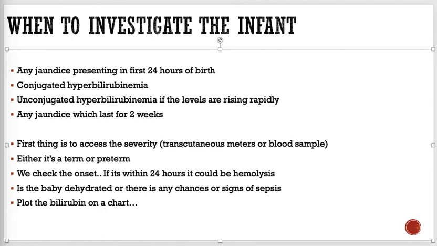And of course when they cross the placenta, they enter into the baby, and they can destroy or hemolyze the blood. For example, if the baby is blood group A or B, and the blood group O mother is producing IgG antibodies, they can enter into the baby through the placenta and destroy the blood cells of the baby. So of course hemolysis will occur, and it is going to produce jaundice within the first 24 hours of life.